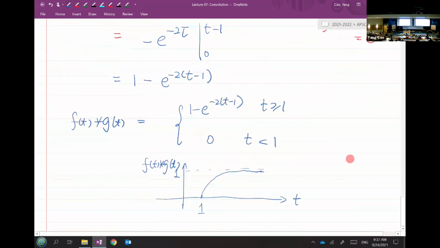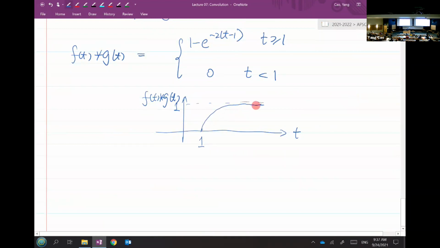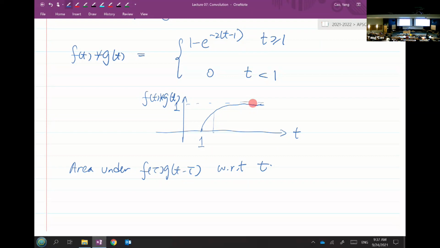So what you get here is the area under f of tau times g of t minus tau, at a particular t, because there's a different t value. You still get the area concept. Any questions? Okay, so this is a very detailed, step-by-step graphic approach to solve this convolution.